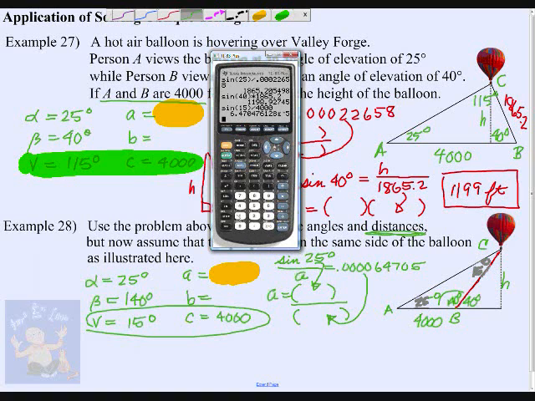Okay, so sine of 25 degrees divided by 0.0000 6, 4, 7, 0, 5. 6,000.